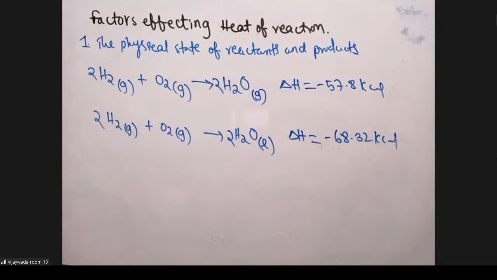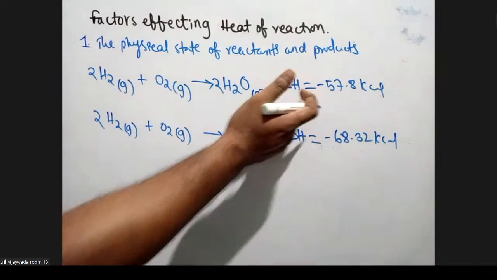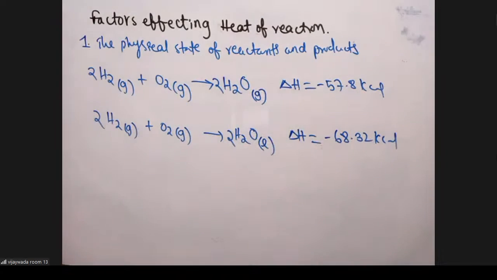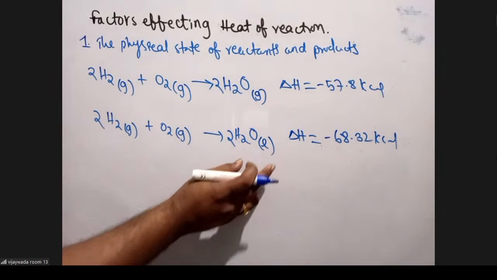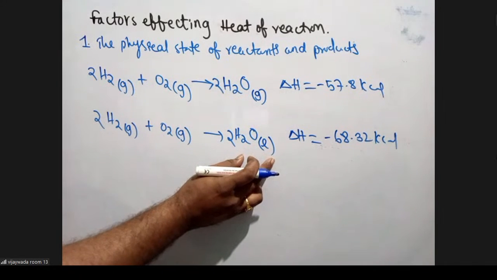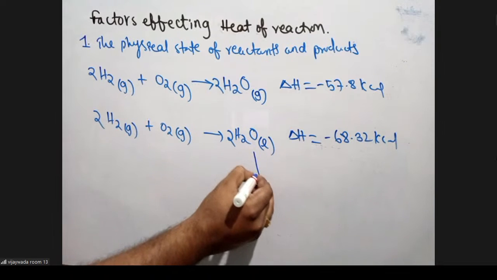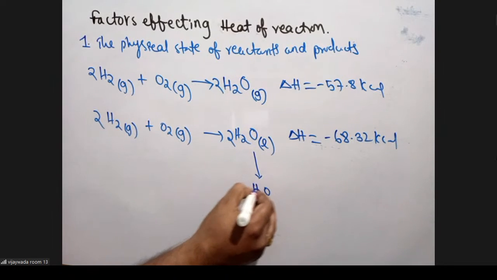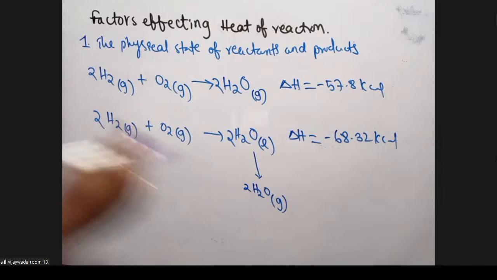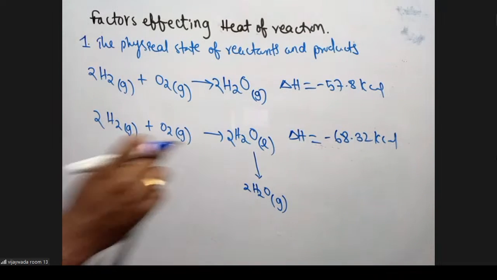So if the physical state of reactants and products changes in the same chemical equation, then the heat of reaction also changes. Yes, definitely, students, this value is low, this value is very high. Reason: the formed liquid, if it is converted into water gas, is an endothermic process.